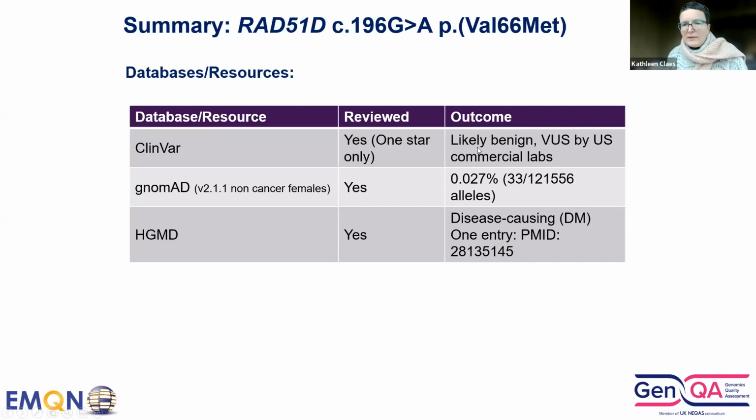Many classify it as likely benign, but it's also classified as a VUS by US-based commercial labs. There are 33 alleles in the non-cancer group in gnomAD, and in HGMD, it's classified as disease causing based on one publication.